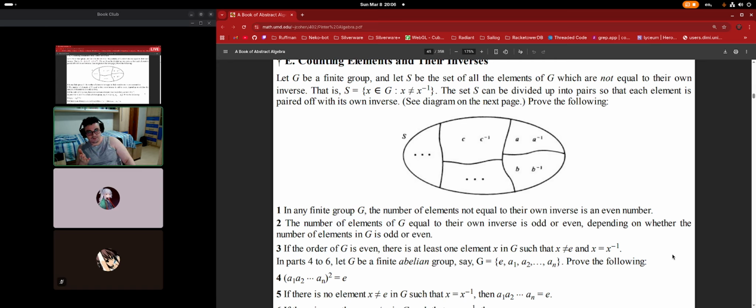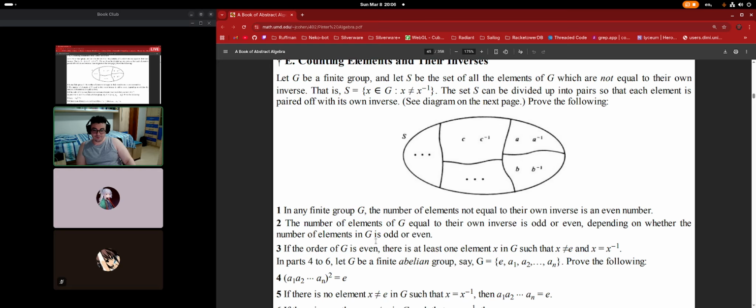So what you're doing is you have an odd number of elements in G. The order of G is odd. Then the number of elements that are their own inverse must be odd, because the ones that are not equal to their own inverse are always going to be even, and an even number plus an odd number is odd.